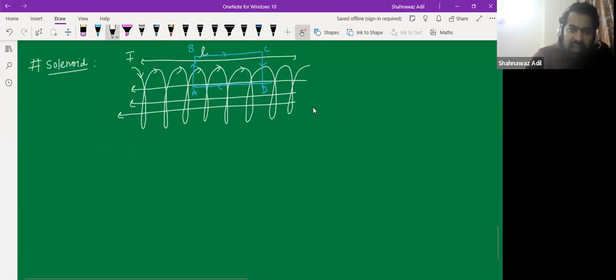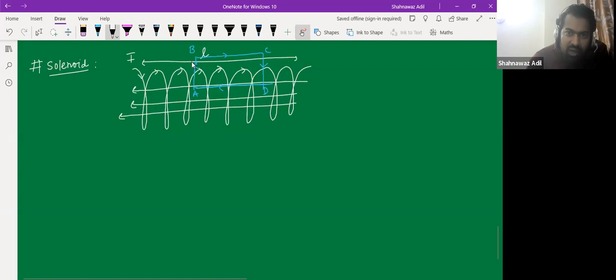Let's say you want to calculate the magnetic field in this loop, applying Ampere's law.